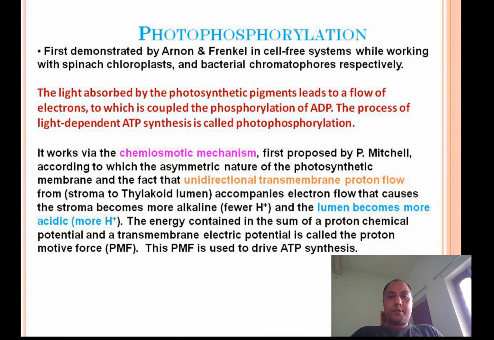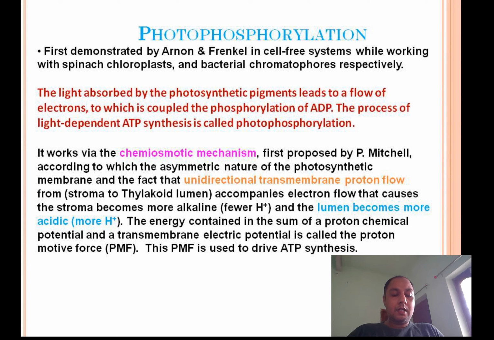Next, photophosphorylation. We have already discussed that Horner and Frankel demonstrated photophosphorylation, and it was considered that photophosphorylation is nothing but light-dependent ATP synthesis. This ATP synthesis works on the chemiosmotic mechanism, which was given by Peter Mitchell for oxidative phosphorylation, in which he proposed a unidirectional transmembrane proton flow.